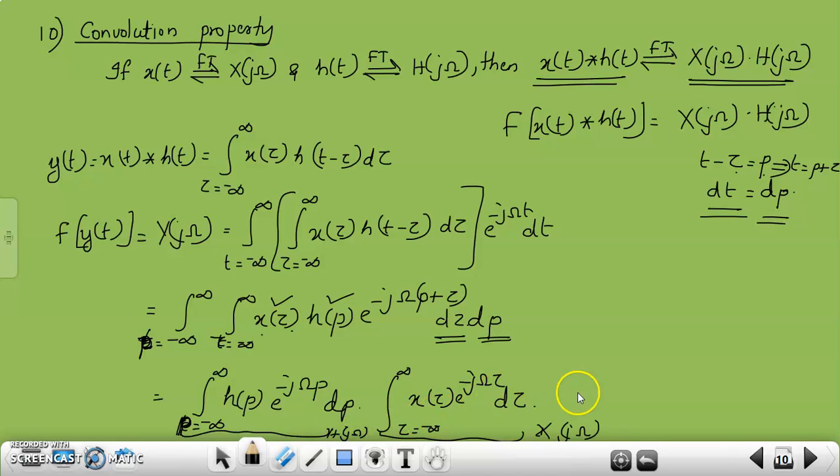So I can write this as X of j omega into H of j omega.